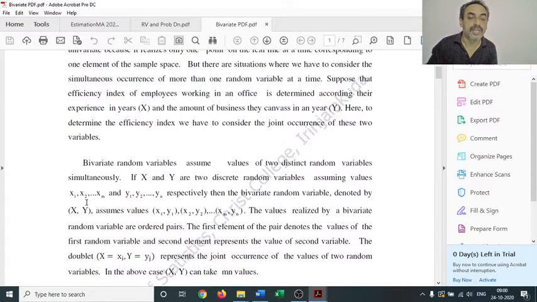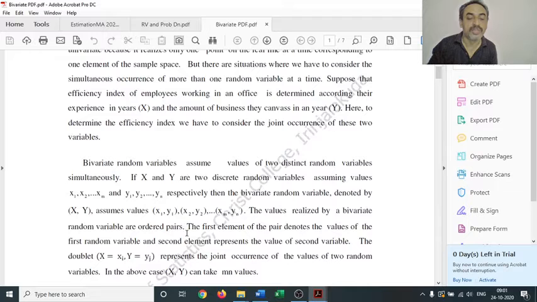The next cycle starts with x2: x2, y1, x2, y2, etc., x2, yn. So the values of the bivariate random variable x comma y are x1, y1, x2, y2, etc., xm, yn. There are mn combinations for x comma y.